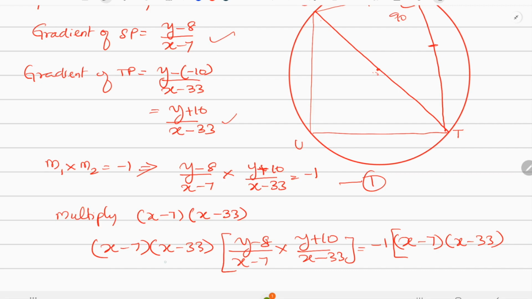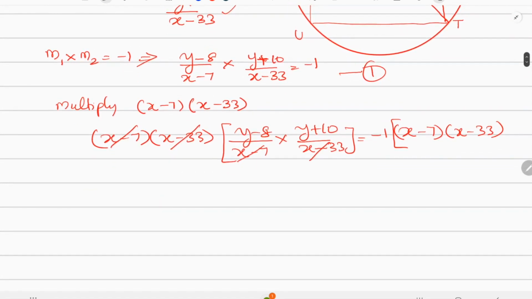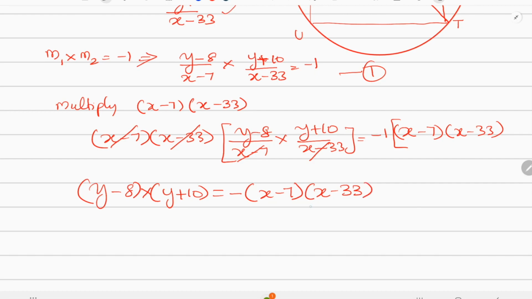Right? So these cancel each other and we get y minus 8 multiplied by y plus 10 equals minus of x minus 7, x minus 33. Bring this to the other side.